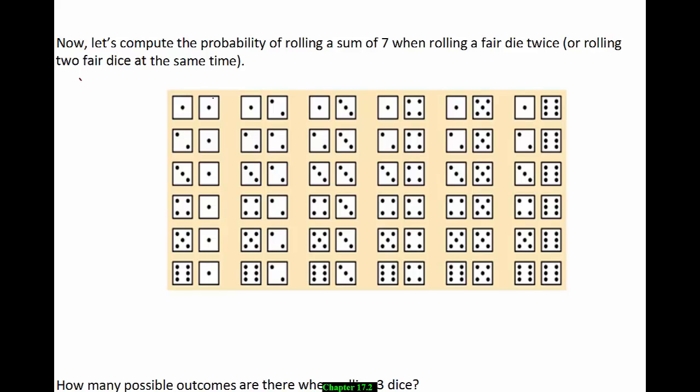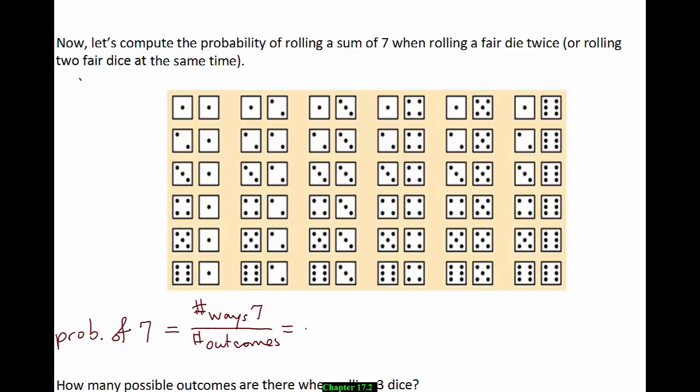The first roll is a 1, the second roll is a 1. The first roll is a 1, the second roll is a 2, etc. Each of these is considered a unique outcome. So the probability of the dice being a sum of 7 is the number of ways to get a 7 divided by the total number of outcomes.